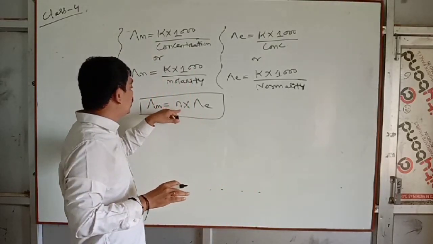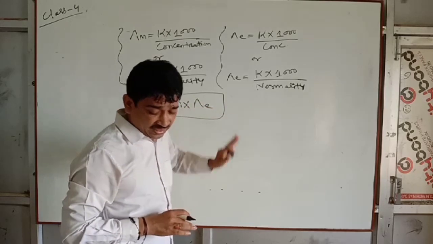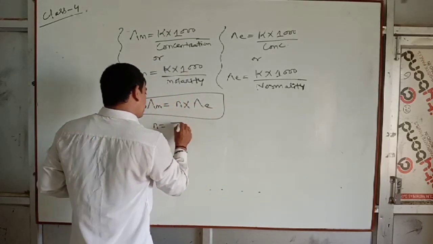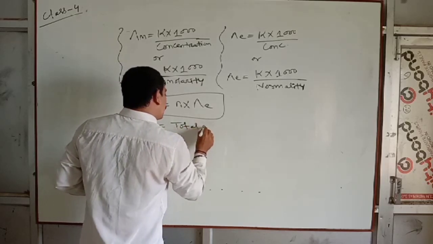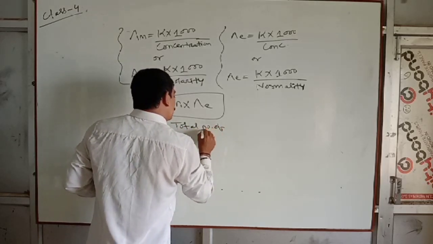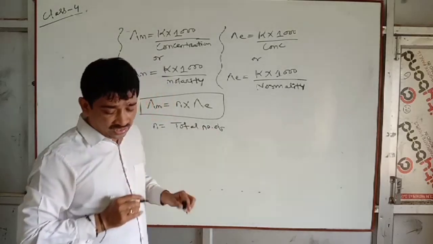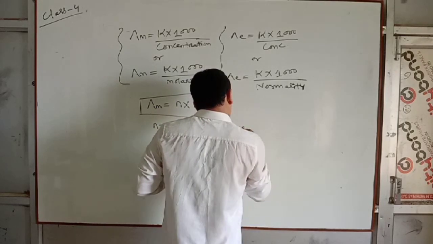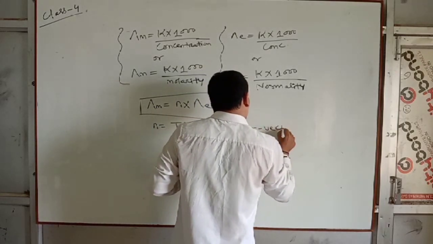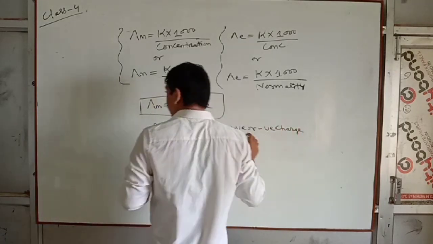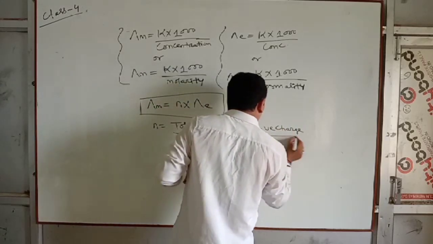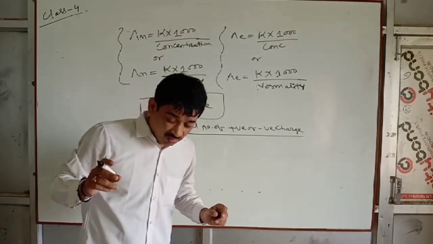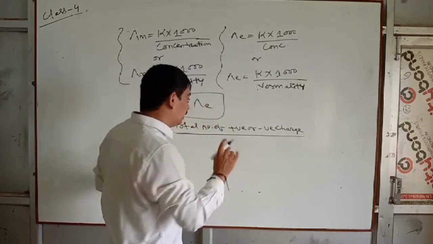What is n? n equal to total number of positive or negative charge divided by formula unit of the electrolyte.